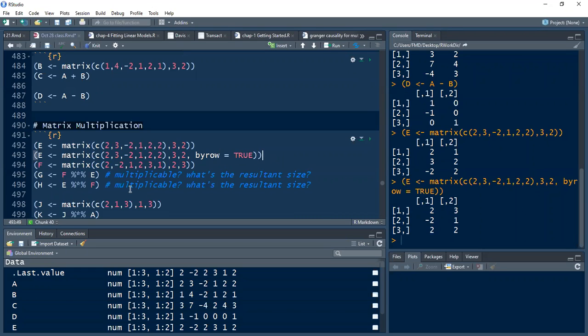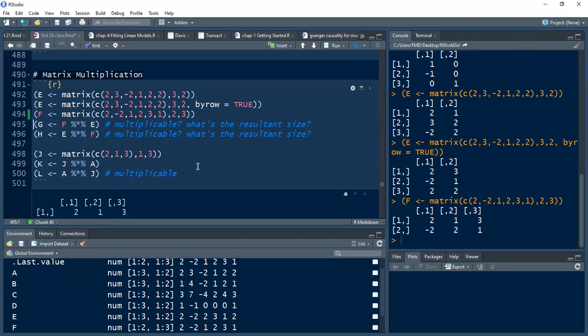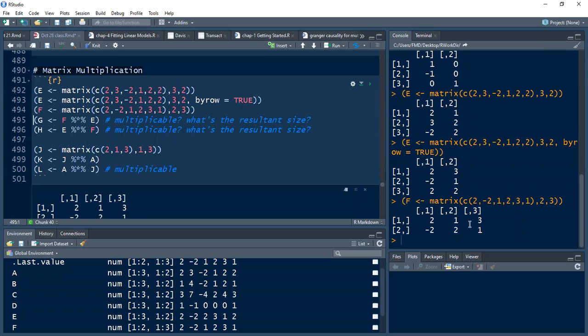Okay, so we have matrix F. It's a 2 by 3 matrix, so it will have 2 rows and 3 columns. Now question: is matrix E, which is 3 by 2, multiplicable to matrix F, which is 2 by 3?